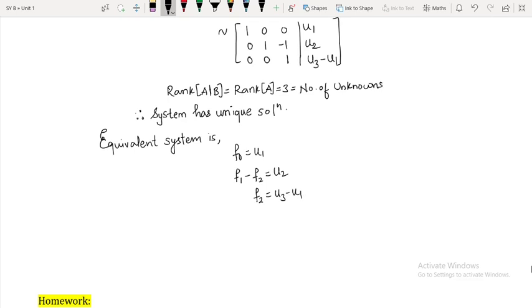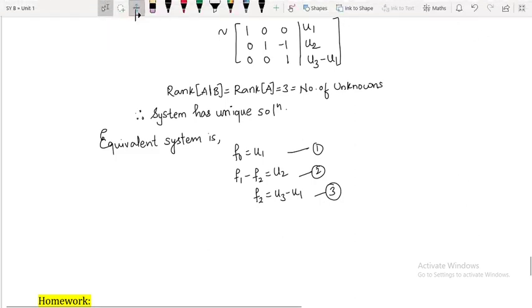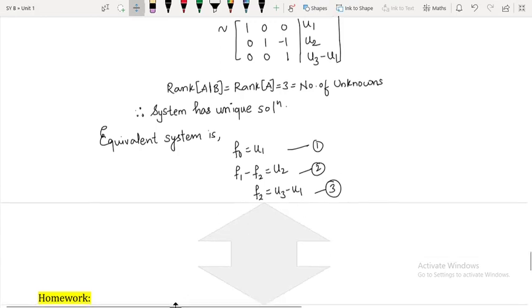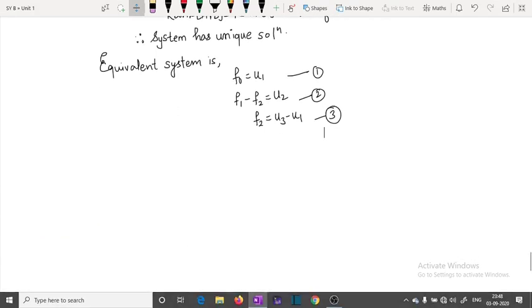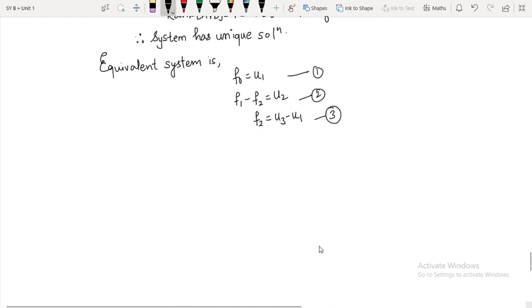If you want, I'll call them the usual 1, 2 and 3. Now we have to find the values of f0, f1 and f2. We already got f0 and f2, so what is left out? Simply f1. So I'll say use 3 in 2 to get f1.